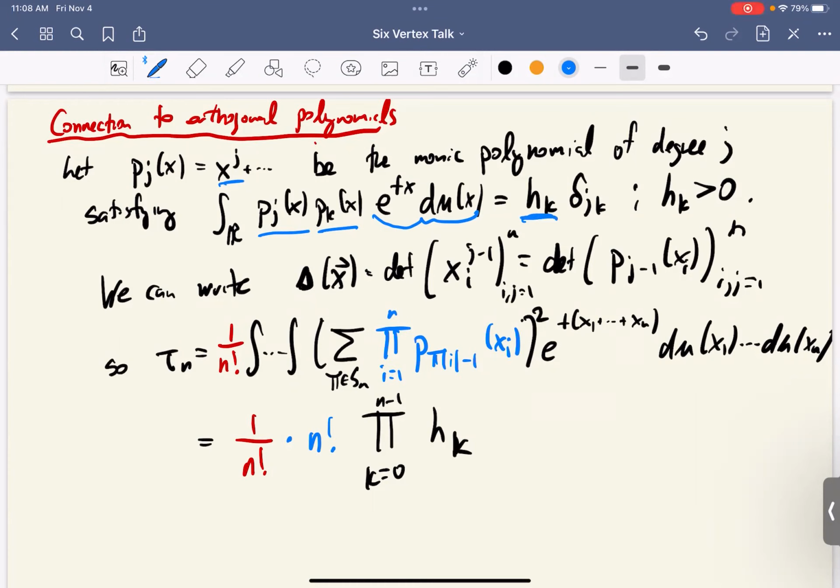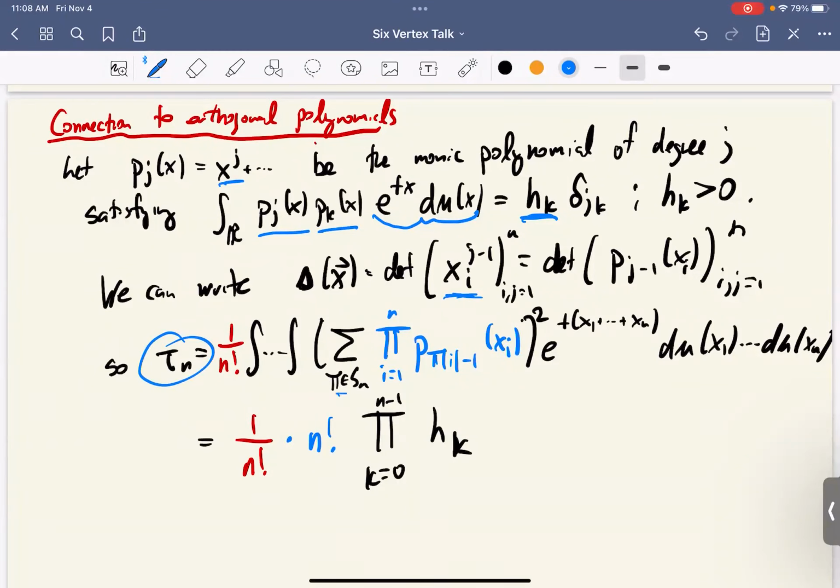Then in this Vandermonde determinant, you can just use row operations to replace all of the monomials with monic polynomials. You can choose them to be those orthogonal polynomials. And the Hankel determinant then becomes a big multiple integral.